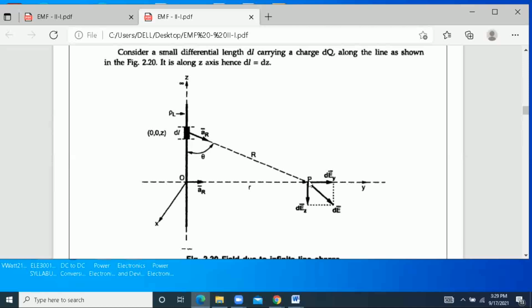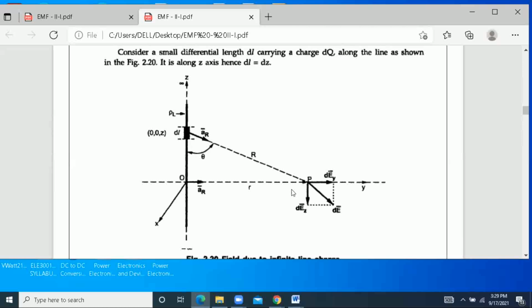So let's set this up. We're going to have this line running through the origin. Why do we want to set it up like that?